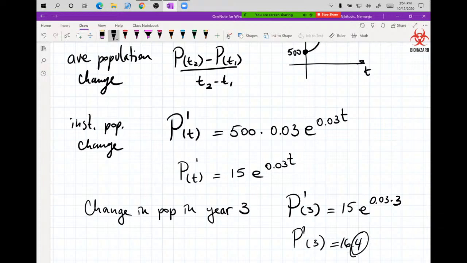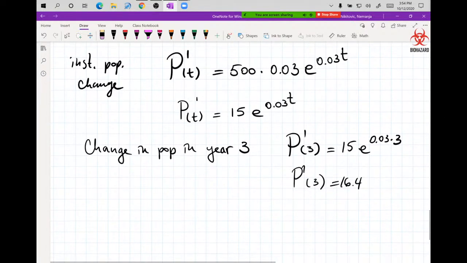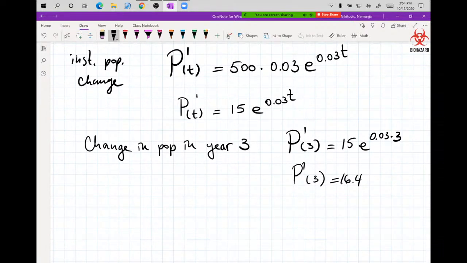Now we are not going to have a 0.4 of a unit. I don't care if you're talking about rabbits or human babies. You should not be having 0.4 there. So you can claim that we added 16 units of whatever to our population.